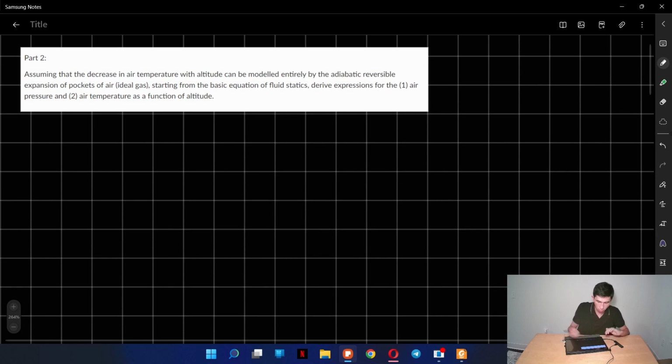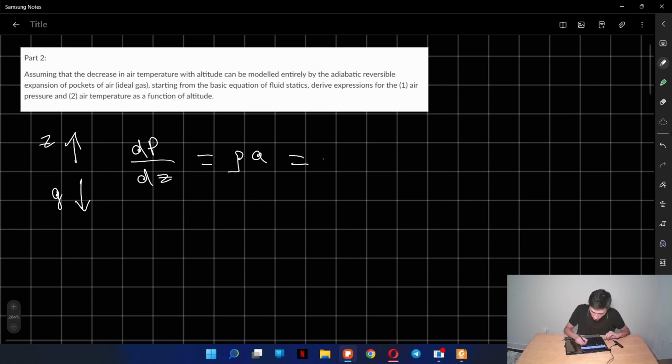So from the basic equation of fluid statics, we know that dP over dz is going to be equal to rho times acceleration, which is the density times acceleration. When our height is increasing and gravity acts downwards, we have the equation negative rho times g.